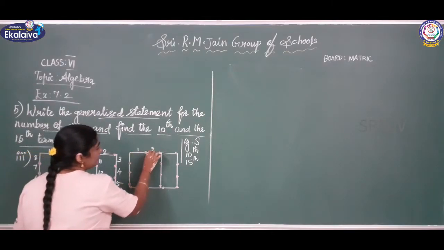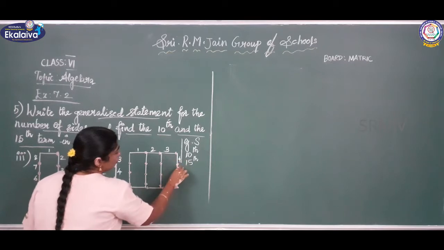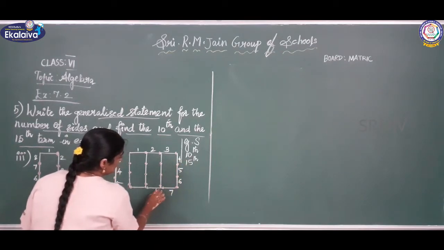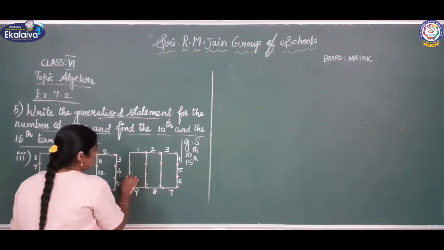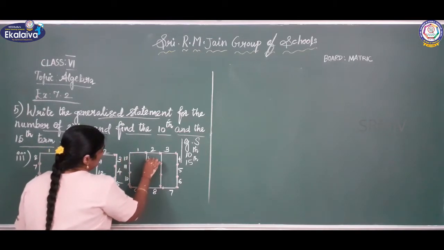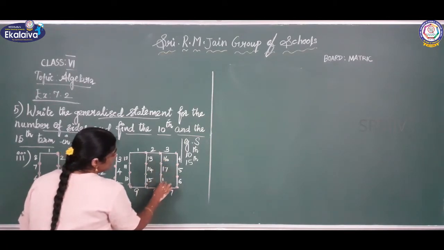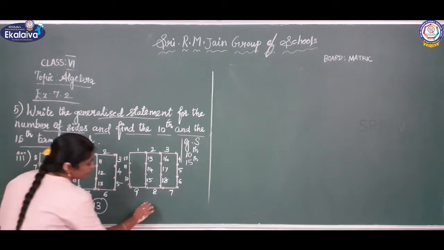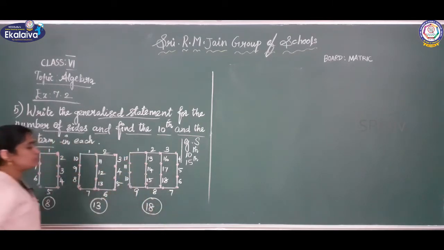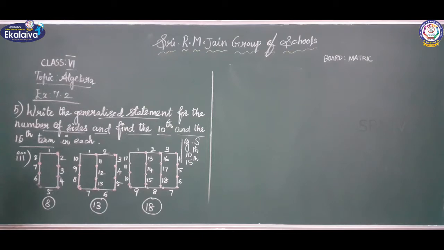Coming here, 1, 2, 3 up to 18. So the number of matchsticks here is 18. For the first rectangle, 8. For the second one, 13 matchsticks are stuck. And for the third, 18 matchsticks are stuck.